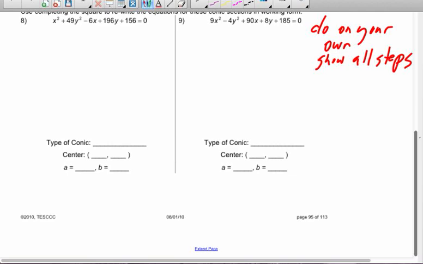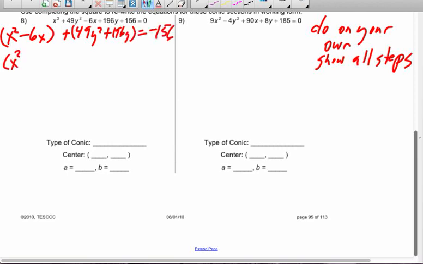Okay, so the first thing we do here is collect my x squared terms. I've got x squared minus 6x. This is nice. And then plus 49y squared plus 196y equals negative 156. So this one I can go with. I'm going to have x squared minus 6x.